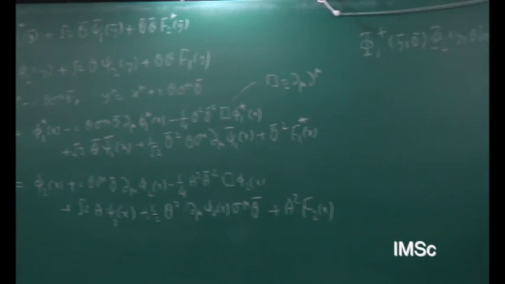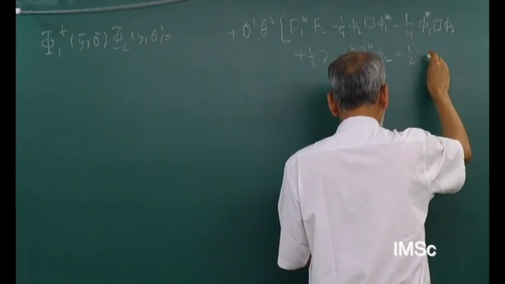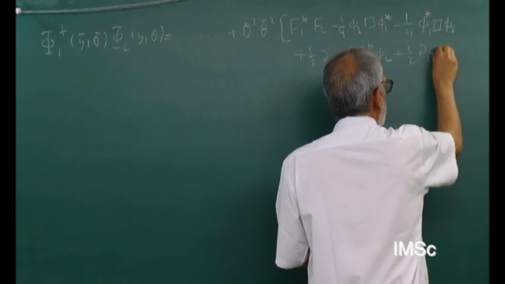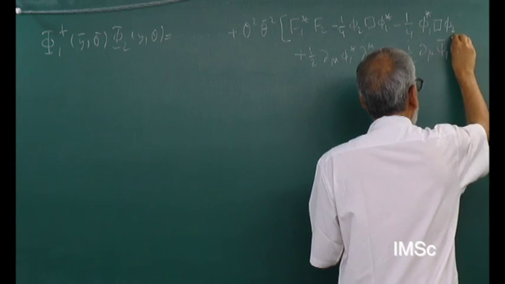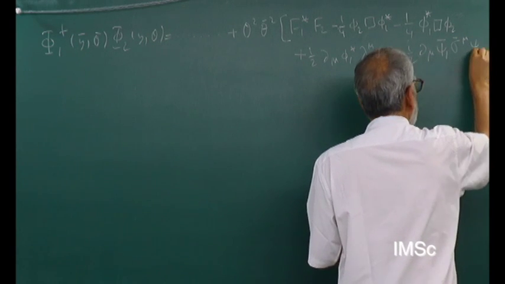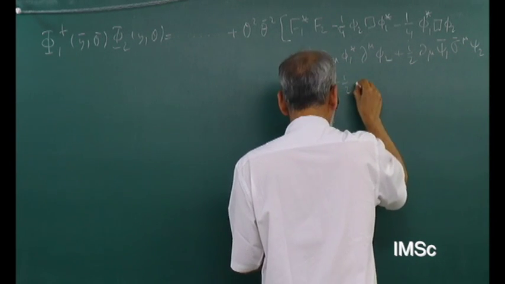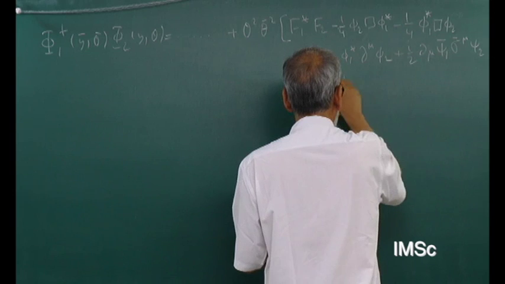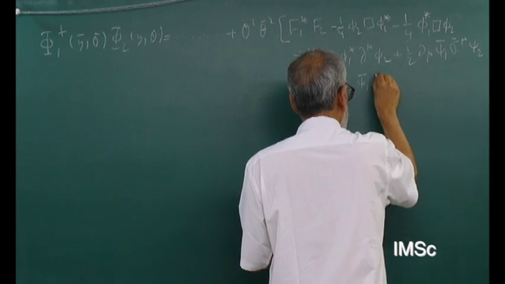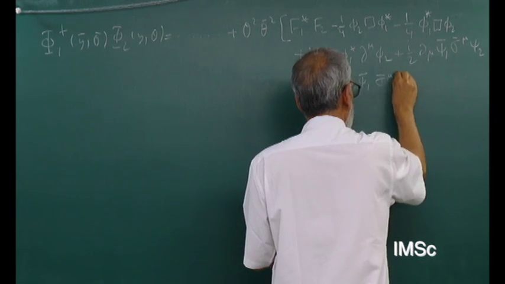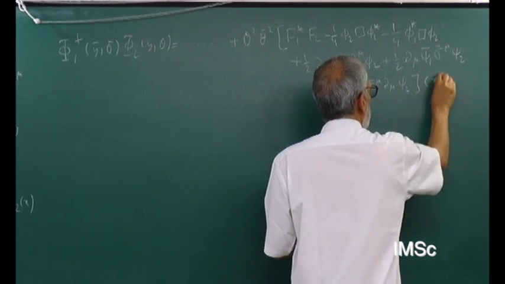You will get that plus or minus i by 2 d mu psi 1 bar sigma bar mu psi 2, plus i by 2, minus i by 2 psi 1 bar sigma bar mu d mu psi 2, all functions of x.